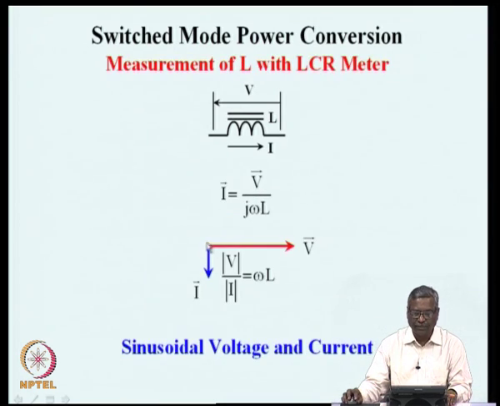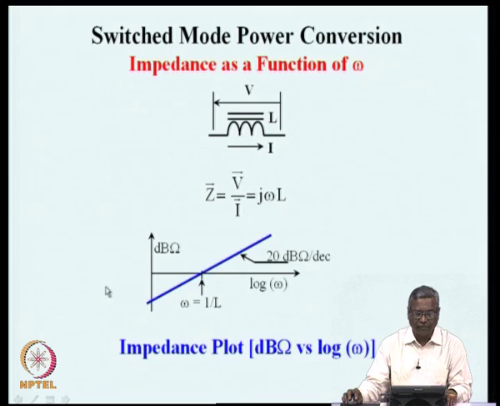Another relationship is a sinusoidal excitation and the current which is lagging the voltage, and the magnitudes will relate what this omega L is, and if you know the frequency of excitation, it is possible to find out the value of L. Another way of doing that is to, from a network analyzer, evaluate the impedance, find out at what point you have 0 dB value, and that is inverse of inductance.